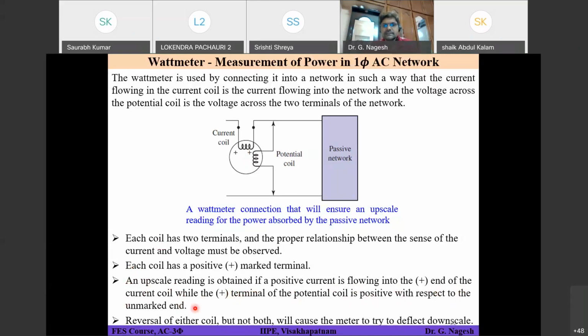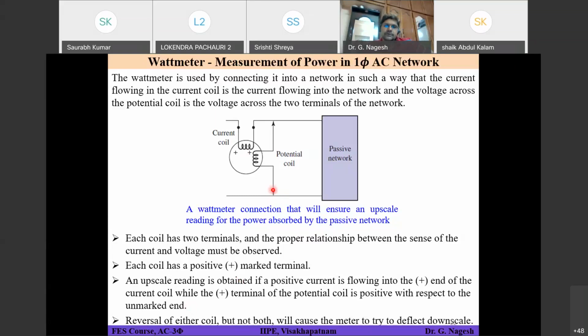So what it means is you should connect in such a way that the current enters the positive marked terminal of the current coil, and the positive marked terminal of the potential coil is at a higher potential compared to the unmarked terminal of your potential coil.